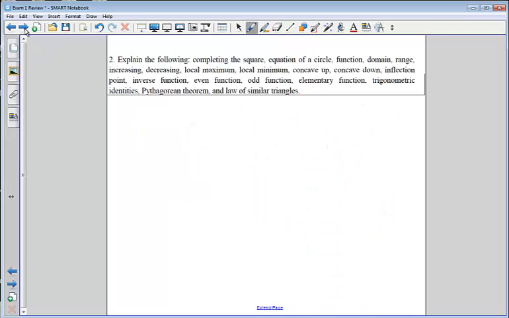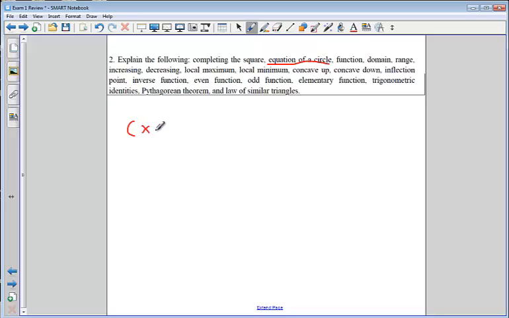The next question talks about explaining these various things, like completing the square, the equation of a circle, and so on. So let's talk a little bit about completing the square, and we'll involve the equation of a circle with it. So first, for the equation of a circle, what do we have?